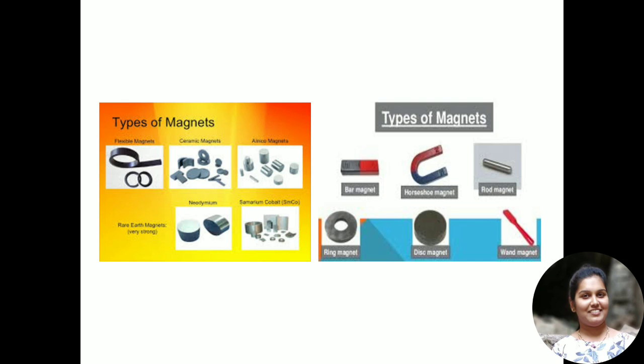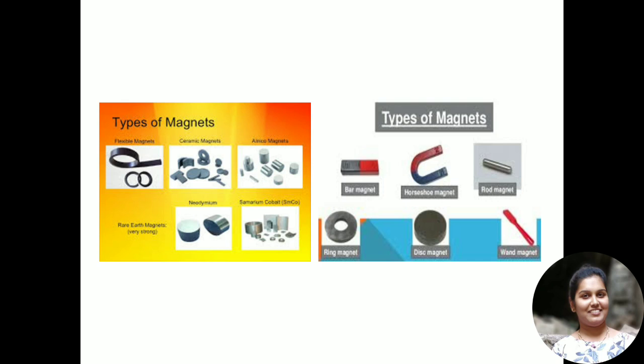And coming to the different types of magnets, on the screen we can see the various types of magnets that are commonly used in electronic equipment. In the first picture, on the left side, we see flexible magnets.